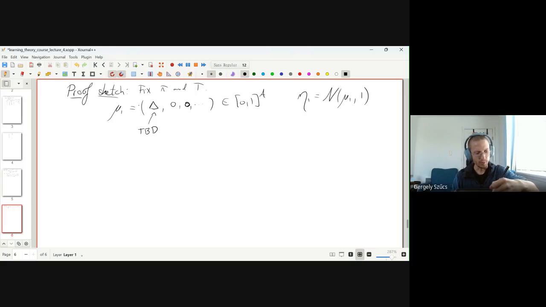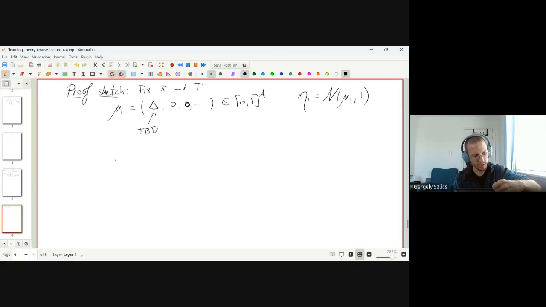Okay, so if we play against this bandit mu 1 using our policy pi, there's going to be one of the suboptimal arms that we pull the least number of times, the fewest times.